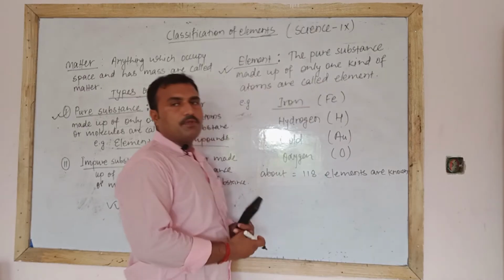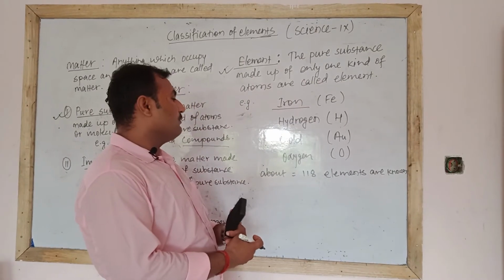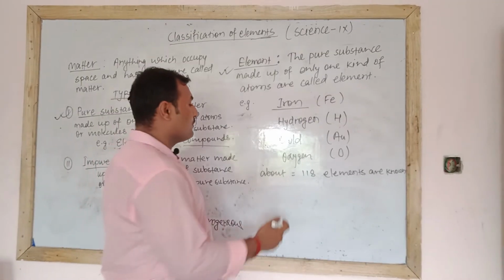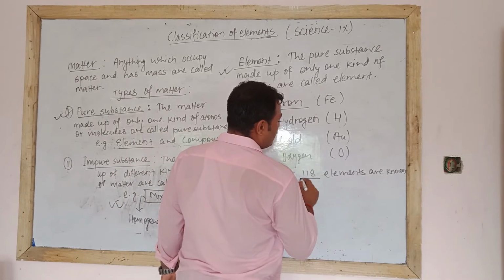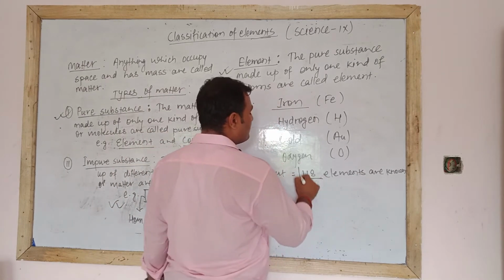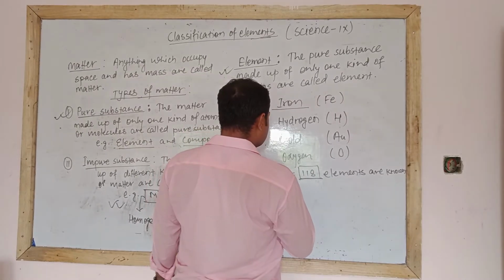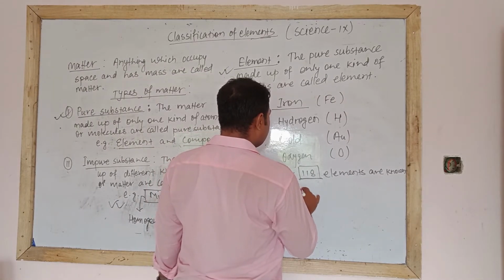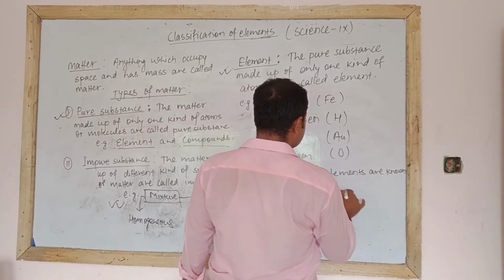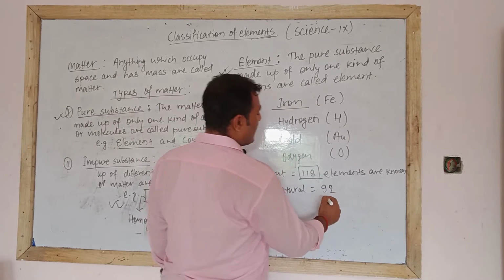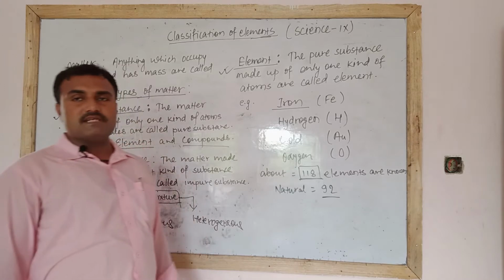During the modern periodic table time, only 109 elements were known, and in the new periodic table about 118 elements are known. Among these, about 92 are natural elements and the rest are artificial.